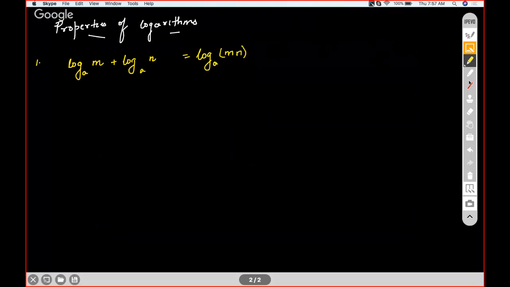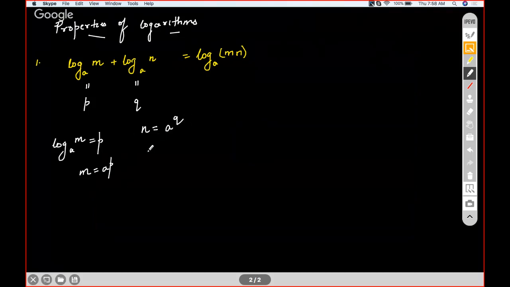Now, how does this property come about? It comes from the very basic exponential laws. For example, if I call this p and this q, when we say log of m to the base a is p, m becomes a to the power p. And n becomes a to the power q.